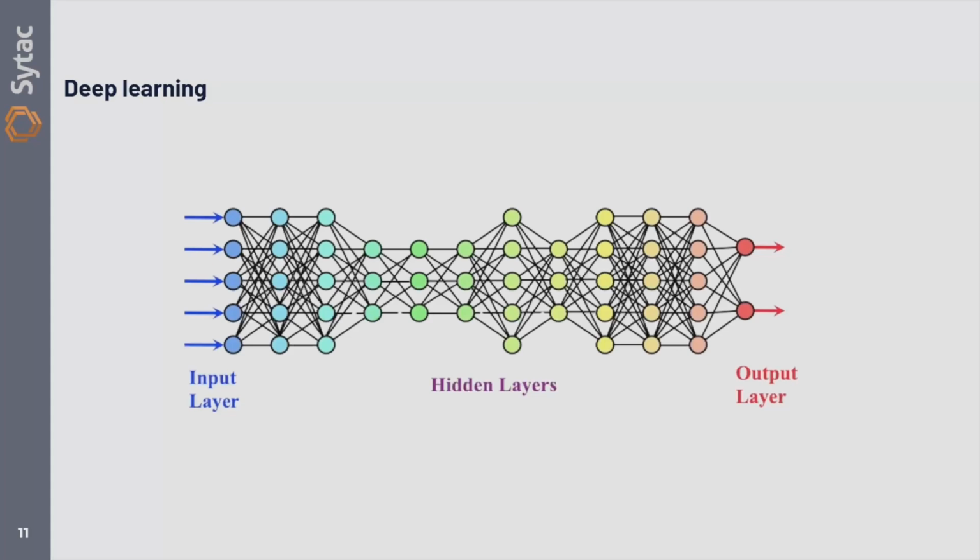The whole idea is that in order to model something genuinely complex, you need to add layers. That's the easiest way to add computational power to your model, right?